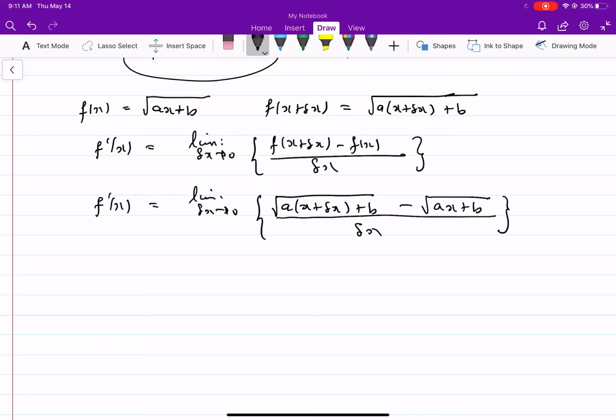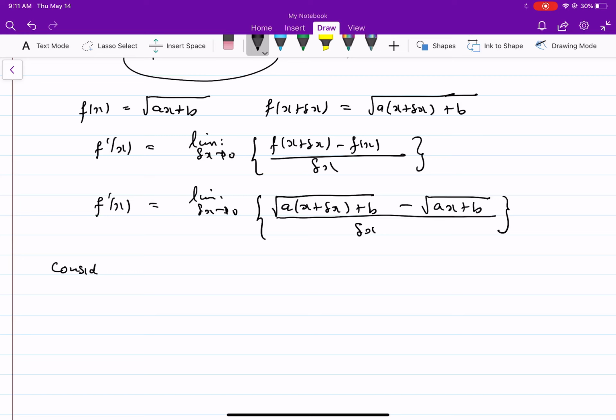Substituting delta x equals 0 directly into that will give me 0 over 0, which is undefined. So how do I massage this? Well, it looks like I gotta rationalize my numerator.